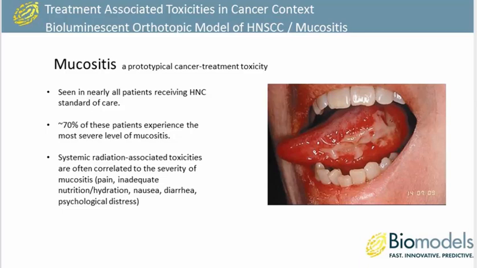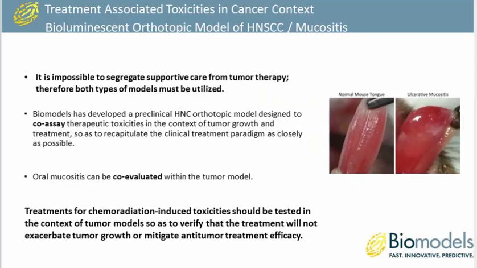Sorry about the picture, but we're going to talk quickly about mucositis. This is a prototypical cancer treatment toxicity. It's seen in nearly all patients receiving therapy for head and neck cancer. It's impossible to segregate the supportive care from the tumor therapy.